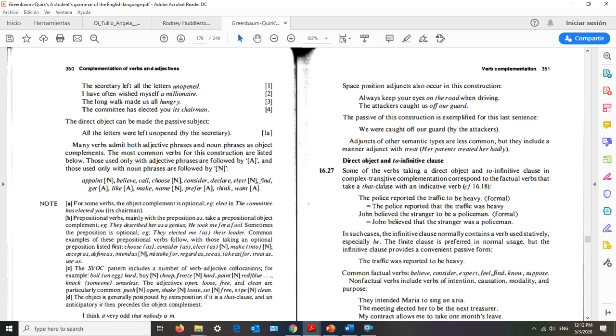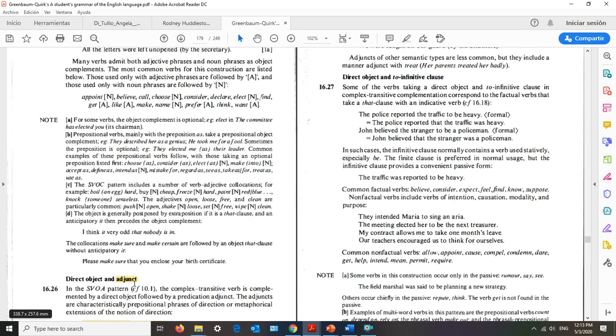Or with this use of keeping, for example. You keep your eyes somewhere. So in this meaning of keep, you're not just keeping something, but you're keeping something somewhere. Therefore, this is a complex transitive verb in the sense that it requires not only a direct object, but also, in this case, an obligatory adverbial or adjunct.